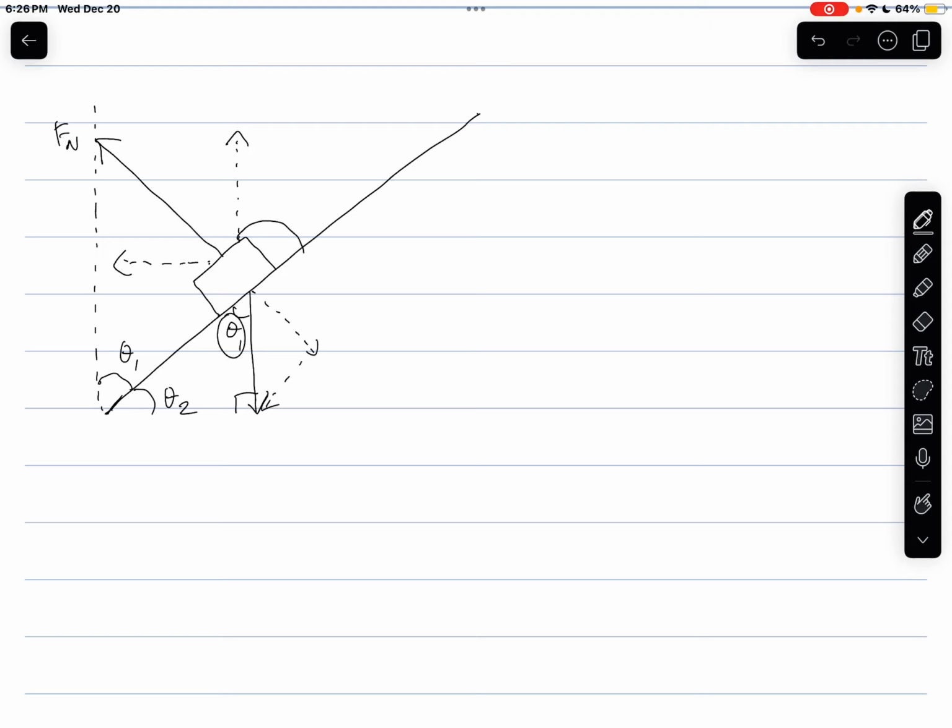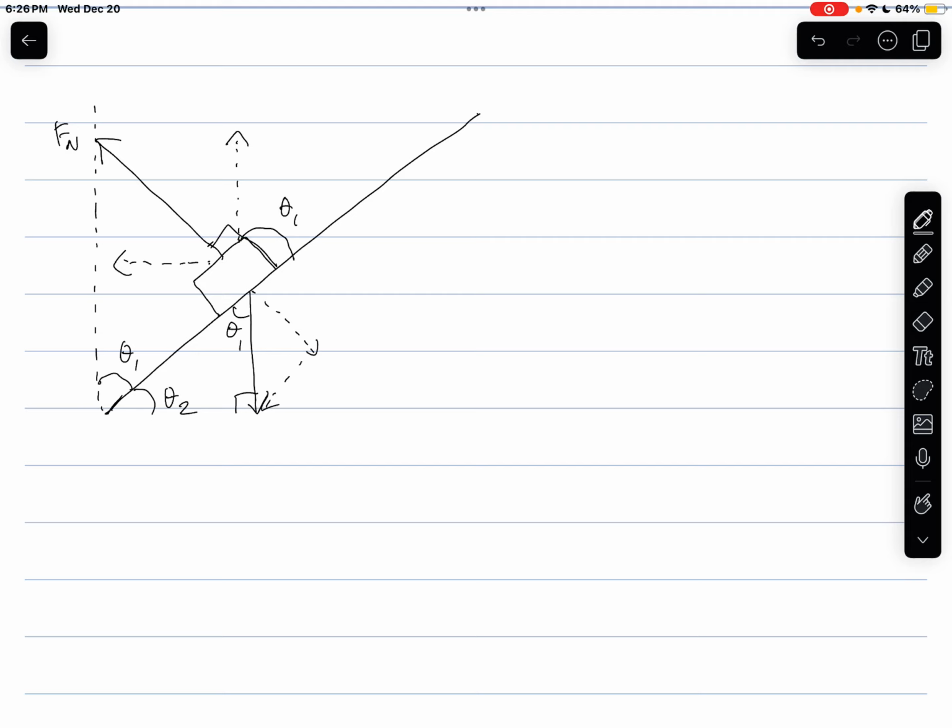Okay. And now, since this angle theta 1 is here, the angle opposite to it is going to be theta 1 as well because of another theorem. I forgot what the name is, is it corresponding angles? Yes, corresponding angles. So these are the same.